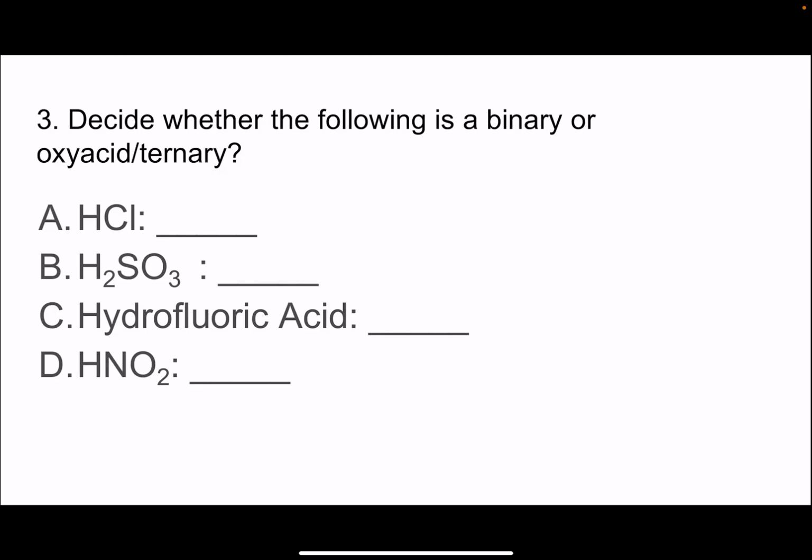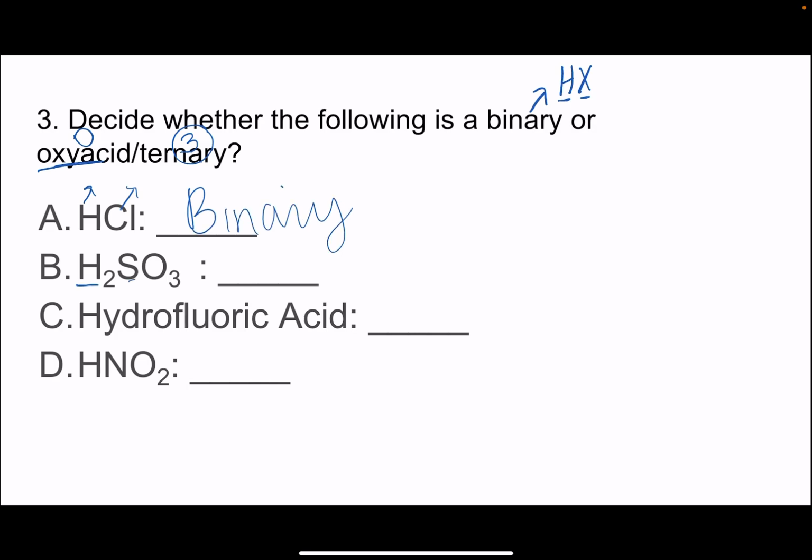Decide whether the following is binary. So remember, a bicycle has two wheels, so binary has two elements. And then oxy or ternary, ternary meaning there are three, or oxy meaning there is an O. So we have one, we have two, so this must mean it's a binary.